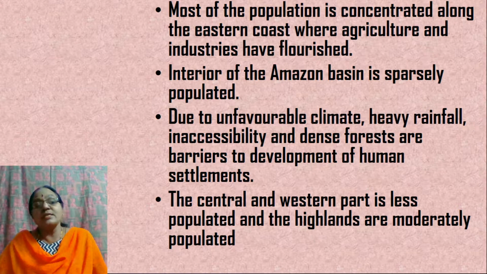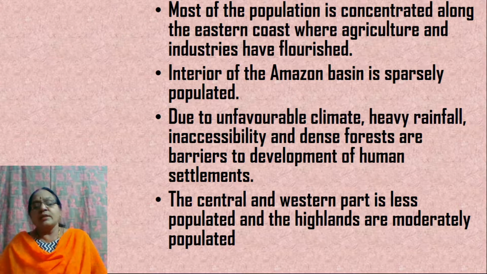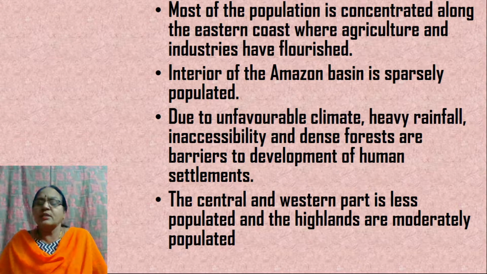We find more people concentrated along these regions because of favorable factors like fertile soil, where agriculture can easily be carried out, and because of the presence of industries here.